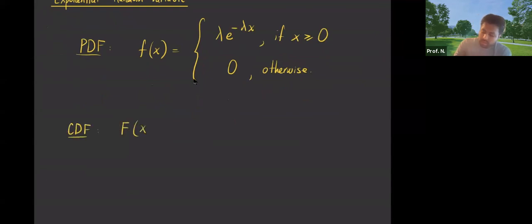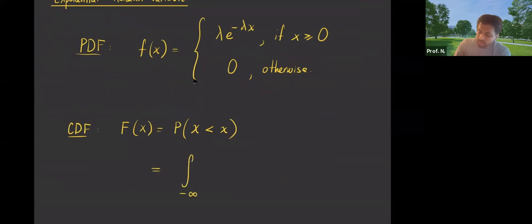Well, F of x, if you recall, is the probability that X is less than little x, which is the integral from negative infinity to x. And let's call the variable of integration a, just to distinguish.